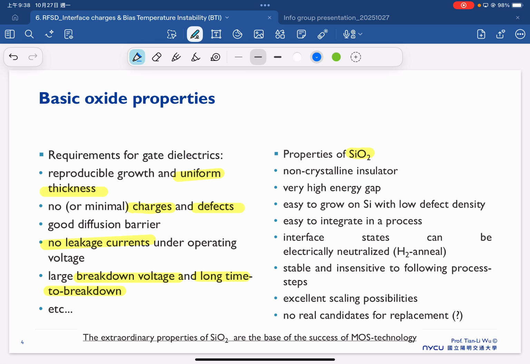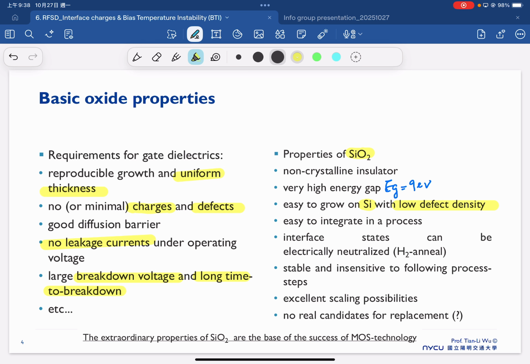So in the case of SiO2, we have a band gap around 9 electron volts. So that's a pretty high, very large band gap. And also, one of the critical features of silicon dioxide is that it is very easy to grow on silicon with a very low defect density.